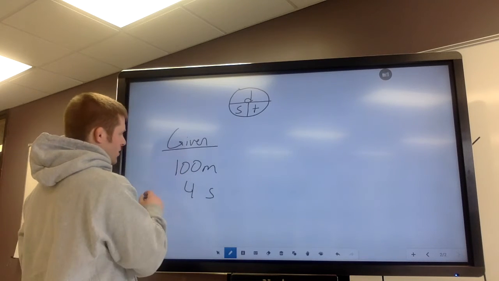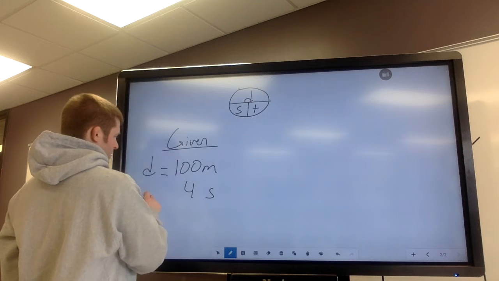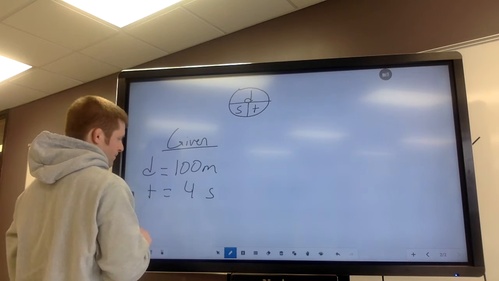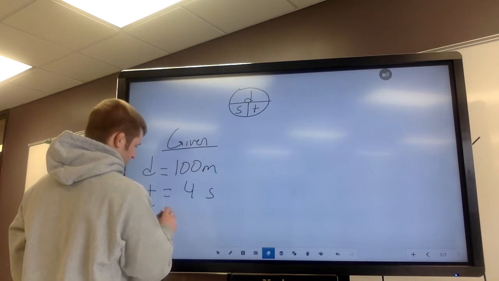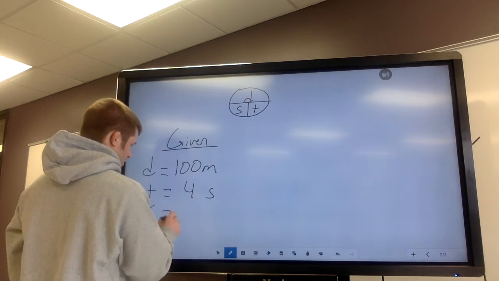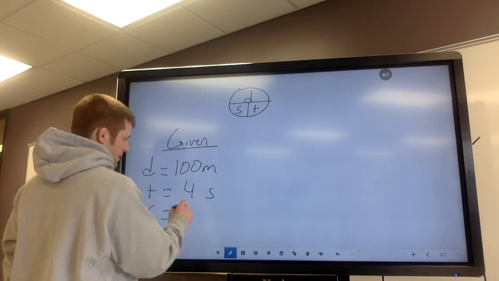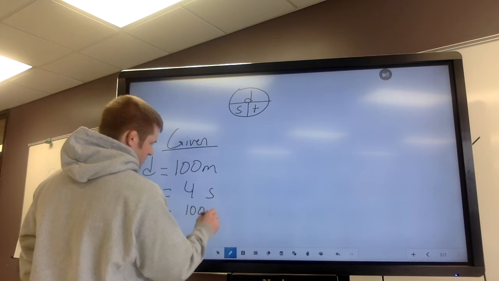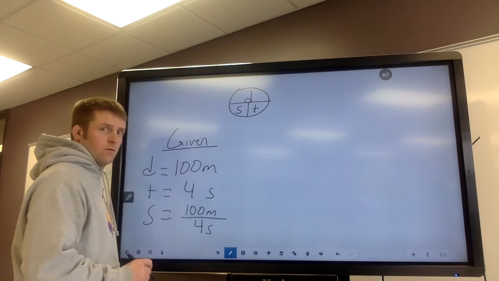So meters is a unit of distance. Seconds is a unit of time. And we don't know the third label. That's what we're trying to find out. So the equation for speed was distance divided by time. So my distance was 100 meters, and that's all over 4 seconds.